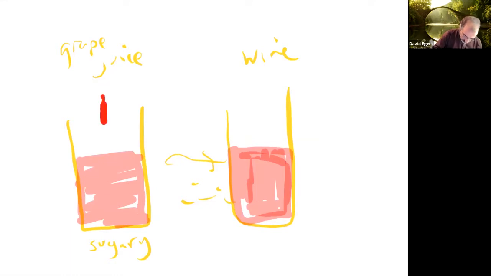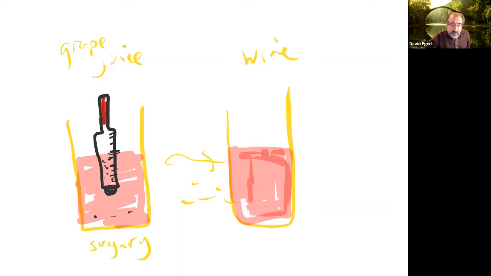This has a certain weight on it, and it is weighted so it floats. It doesn't touch the bottom, but part of it is out, part of it is down, and it floats at a certain level. That's going to depend on the density of this.